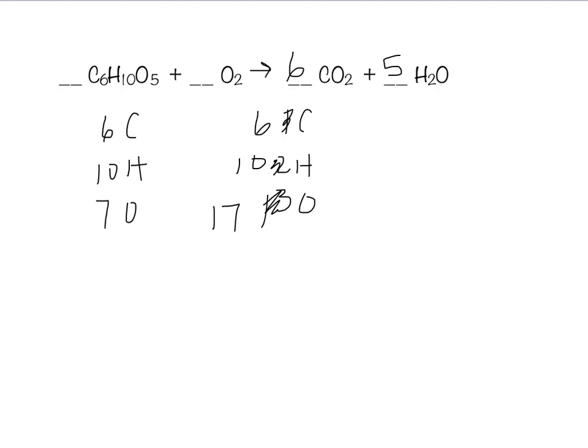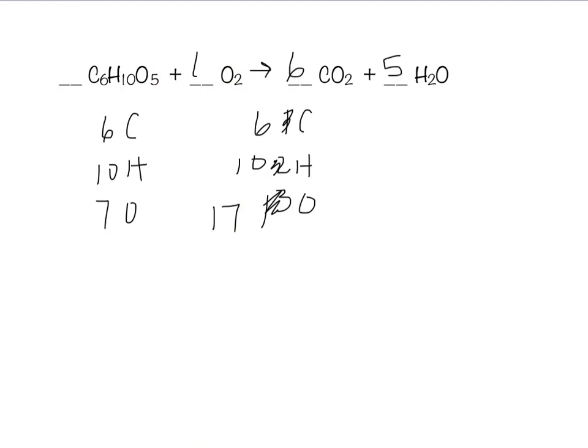But I have these 5 oxygens that are over here, and these 2 are separate. If I take 5 away from this 17, that means I have to come up with 12 out of this oxygen here. That makes the problem a lot simpler.